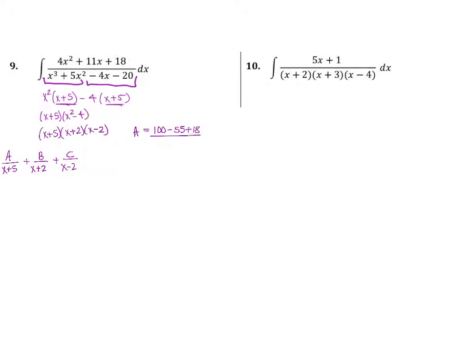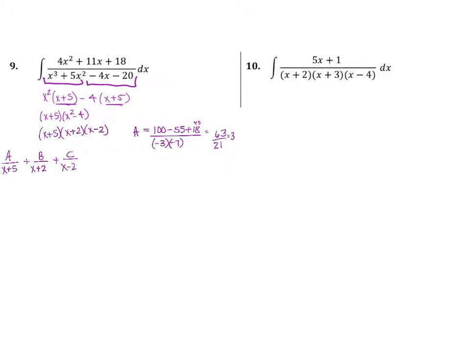And all of that is over, plugging in again your negative 5 for the other two factors, negative 5 plus 2, that's going to be negative 3, and negative 5 minus 2, that's going to be negative 7. So let's see what we end up with here. 45 plus 18, we're going to have 63 over 3 times 7 is 21. So that looks like a 3. So I know A is going to be 3.